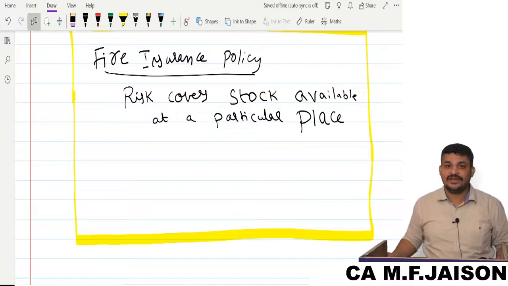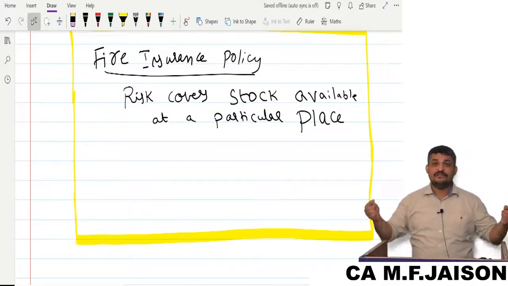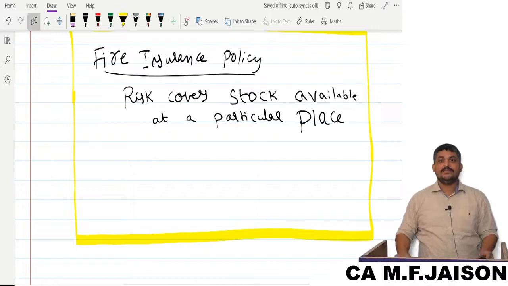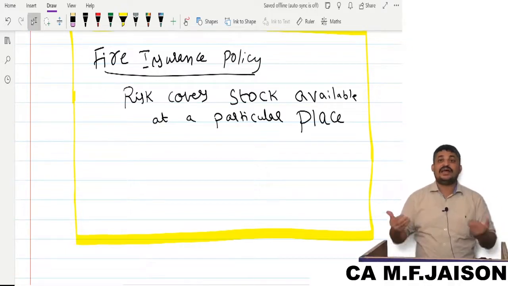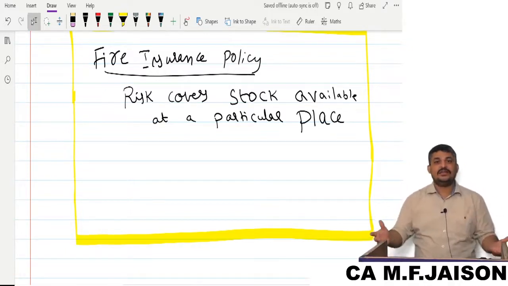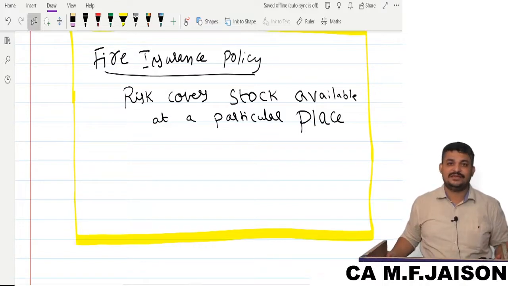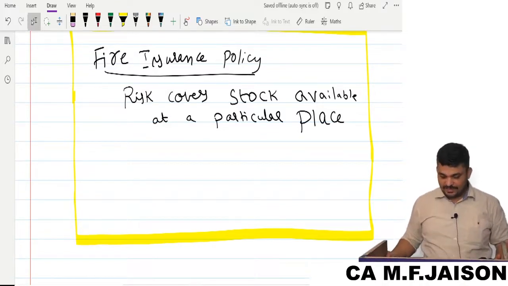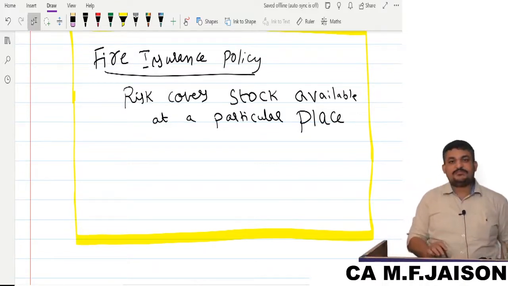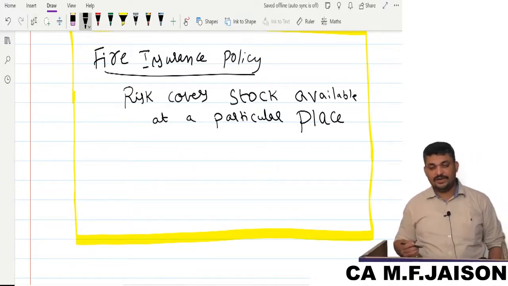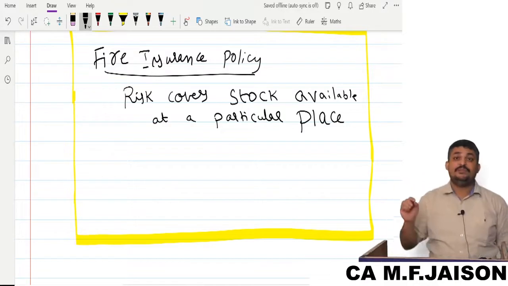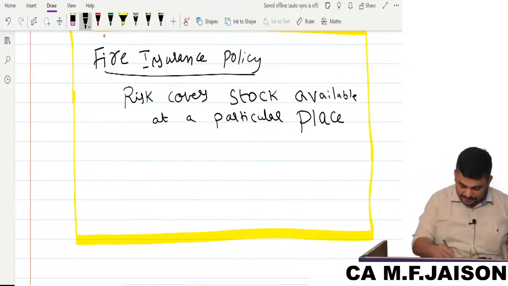What is stock on the date of fire? Those stock which is physically available in the shop in which the fire accident took place, and that too at the time of fire. Like that we should be understanding. I hope you are following. So the fire insurance policy covers the stock available at a particular place on the date of fire.